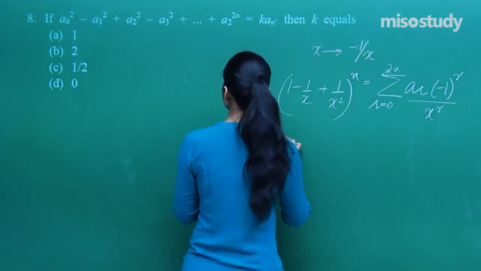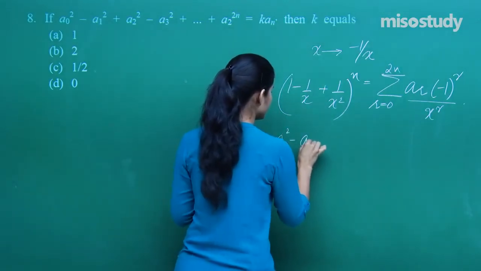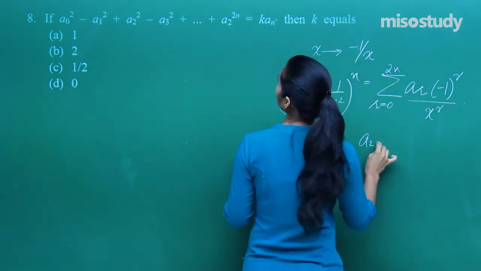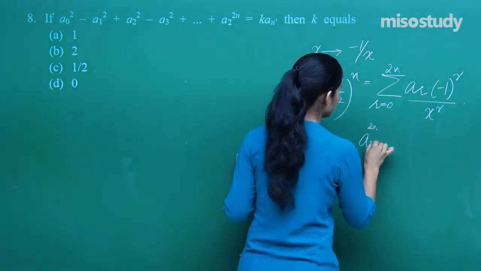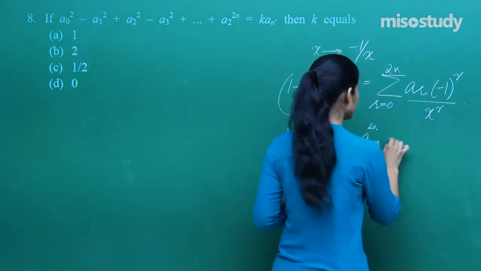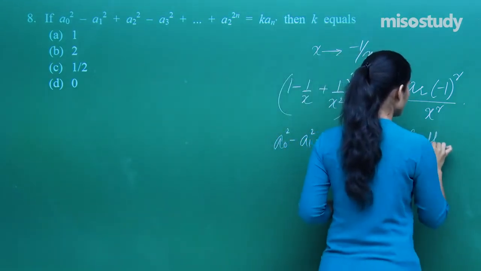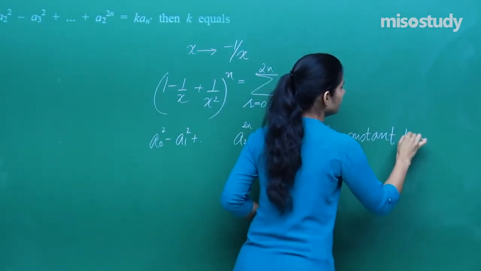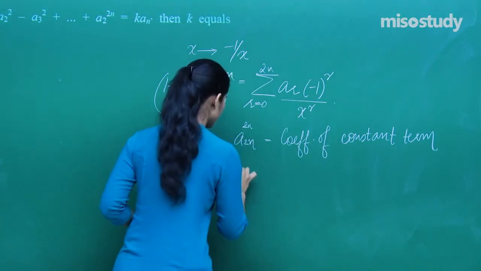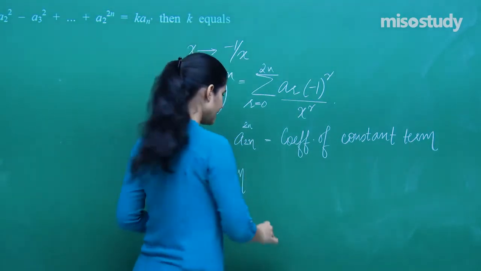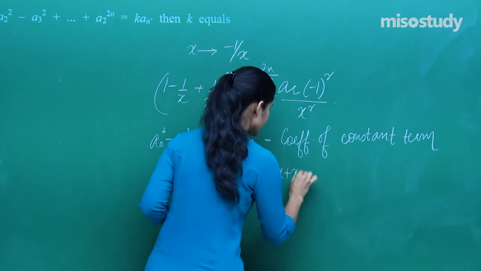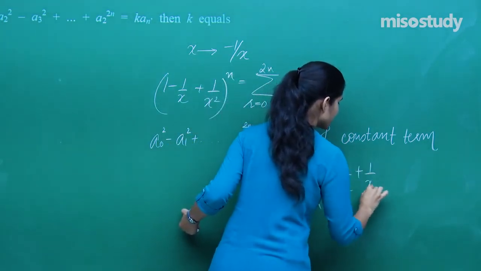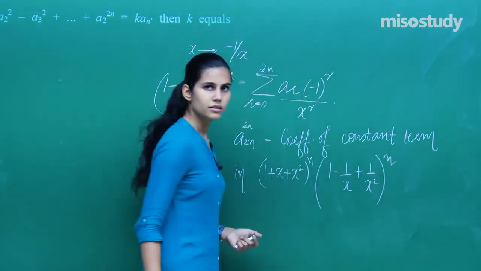Now if you realize that a0 square minus a1 square plus and so on, a 2n square basically is equal to what? This can be written as coefficient of the constant term in where? In 1 plus x square whole to the power n into 1 minus 1 by x plus 1 by x square whole to the power n.